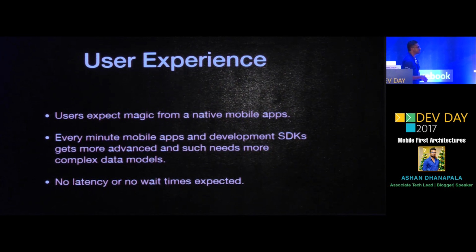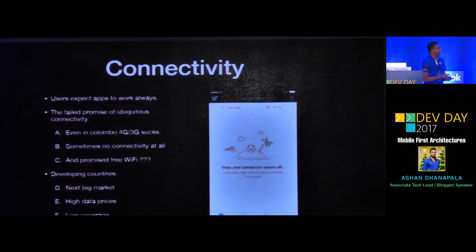And every minute, these development features and SDKs are getting more advanced, and you have to make sure your mobile app features are catering to the same thing which is served on the back-end side. And more than that, we don't want to have a loading screen on our mobile apps anymore. That's so old school. So how can we do that? And connectivity.